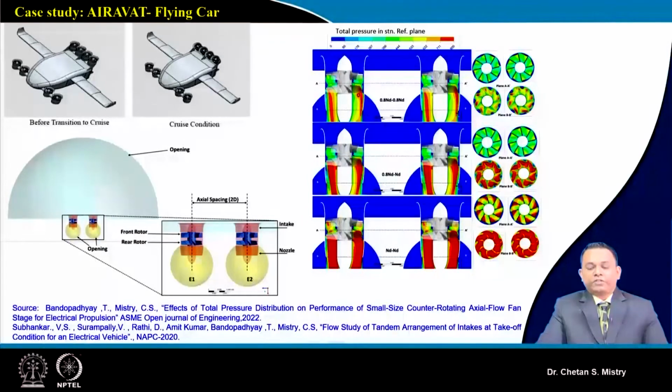This represents the total pressure contour at the exit plane, and this gives you a new horizon for the thought process for future development of flying taxis. What we are learning has straightaway application for the future development.